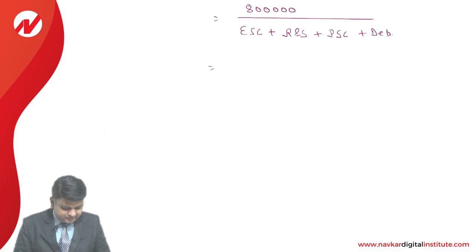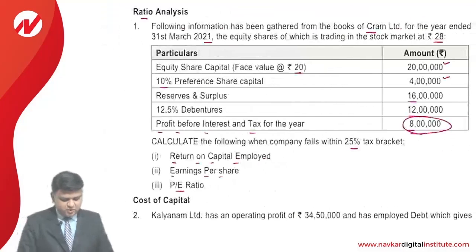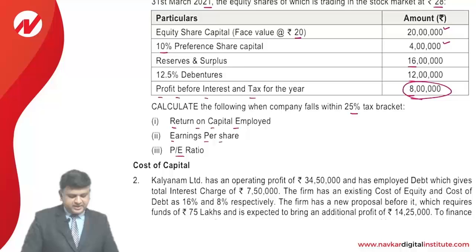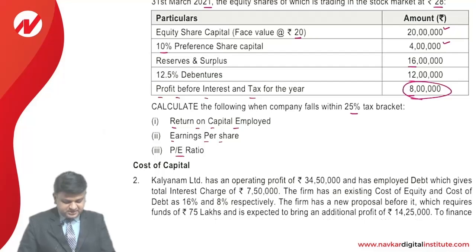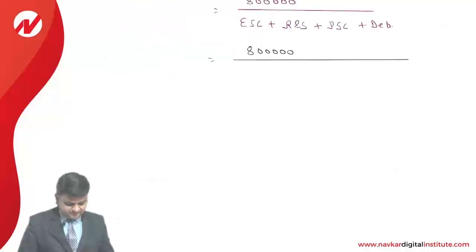So it is an amount of 8 lakhs divided by the capital employed, consisting of all long-term sources of finance, that is equity share capital 20, preference share capital 4, reserves and surplus 16 and debentures an amount of 12 lakhs.